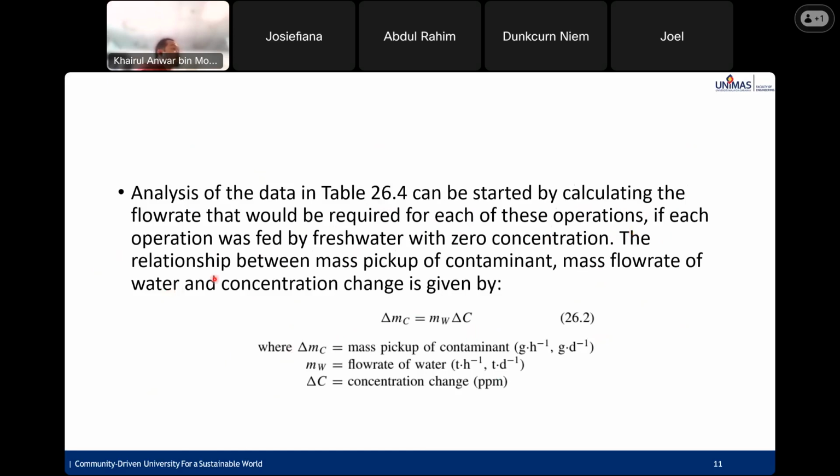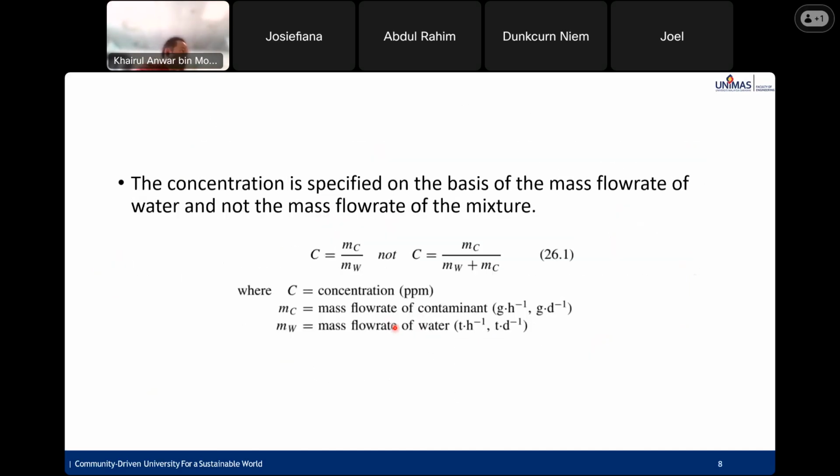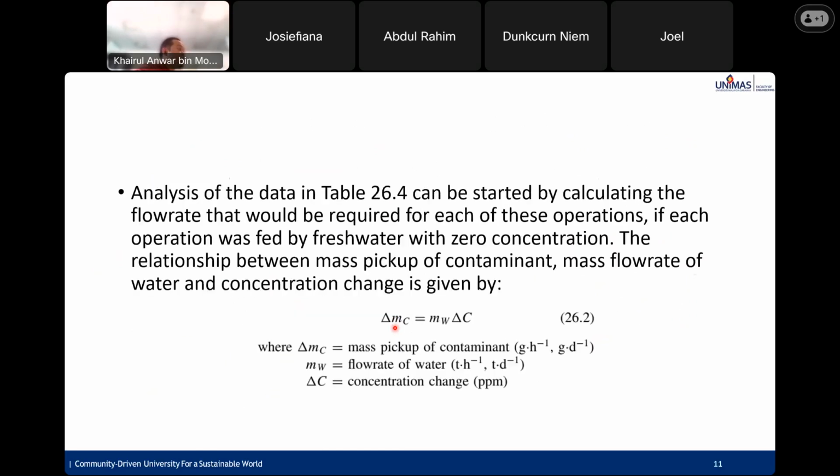The relationship between mass pickup of a mass flow of water and concentration change is given by delta MC equal to MW delta C. So this equation is actually, sorry, C equal to MC over MW. Yes, this one, 26.1, C equals MC over MW. In this case, there's a delta.